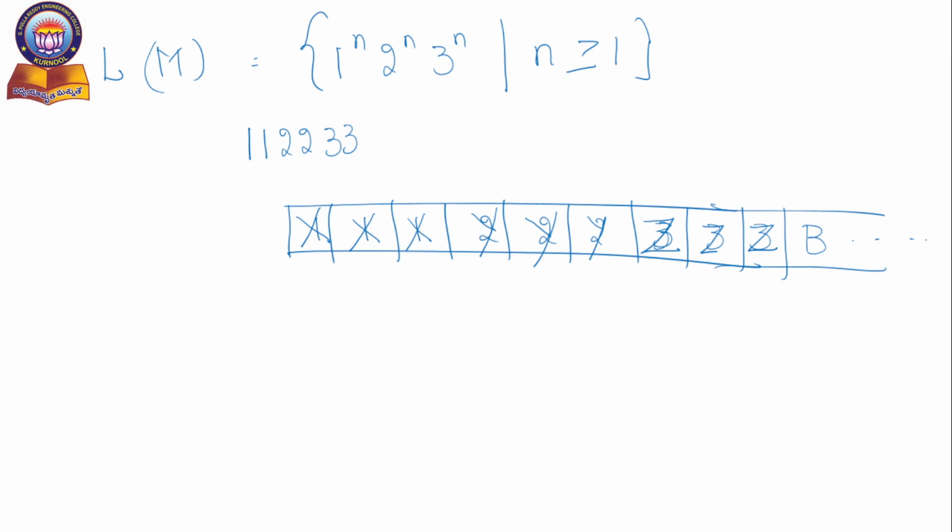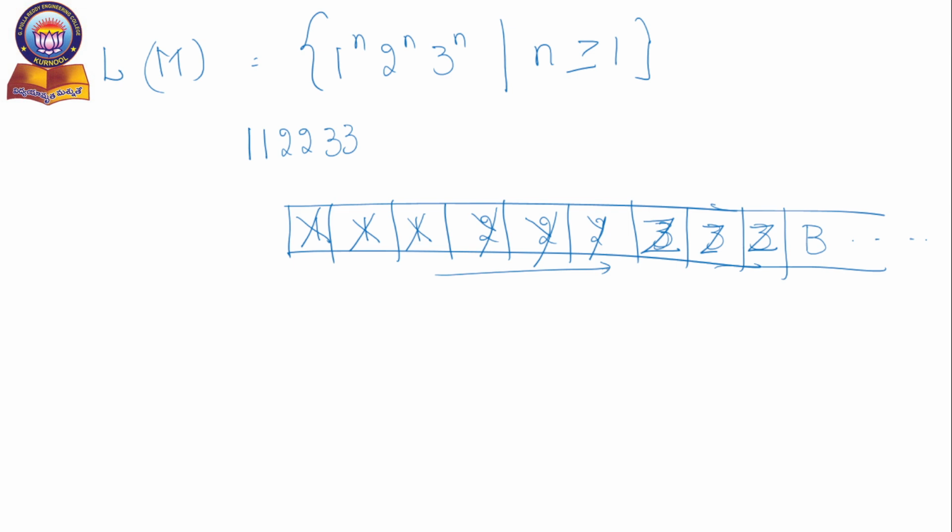Now come back over the Z, over the Ys until X is encountered. After we obtain the X, by moving one cell towards the right, instead of 1, if you get the Y, it indicates that the entire set of ones has been processed. Now we have to verify that all the 2s are also converted into Ys.